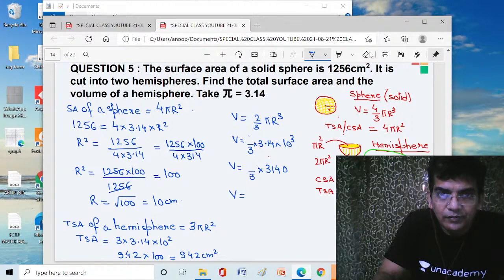upon 3. You want to convert it into fraction or you want to convert it into decimal, it's up to you. So this is 2 3 is 6, 0, 2 9 is 27, 3 1. So you can write it like this in decimal, right?